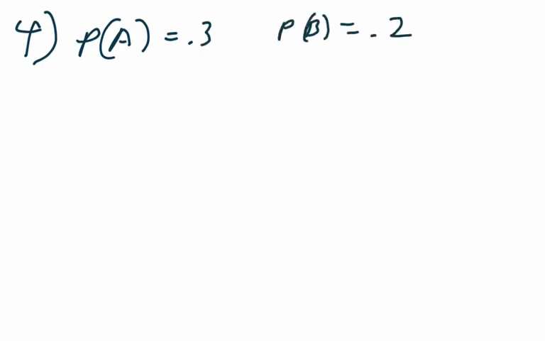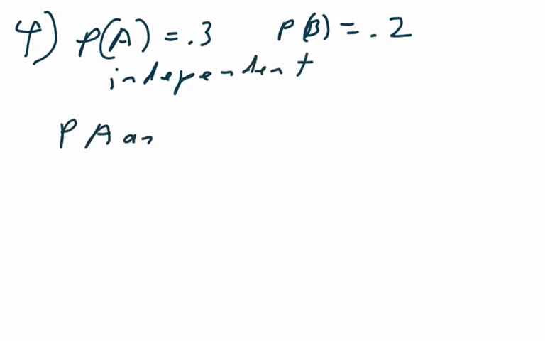Alright, in problem number 4, we got the same thing, with probability of A equaling 0.3 and the probability of B equaling 0.2. And this time, instead, they're independent, which means that one does not affect the other.